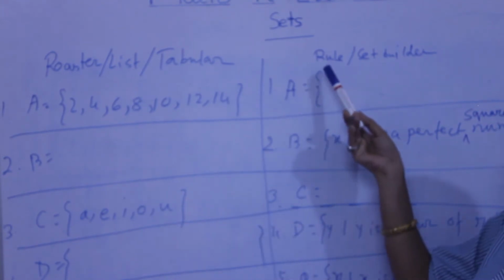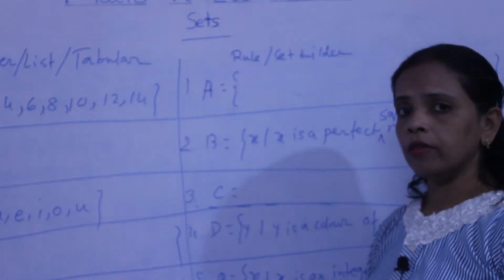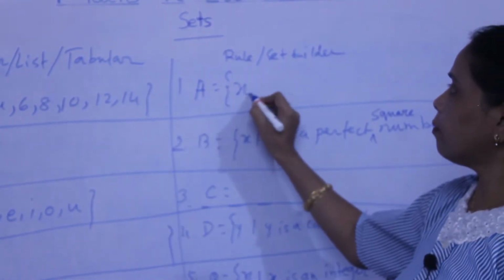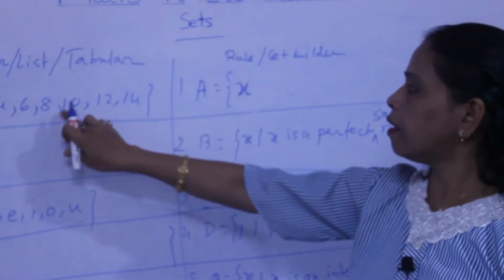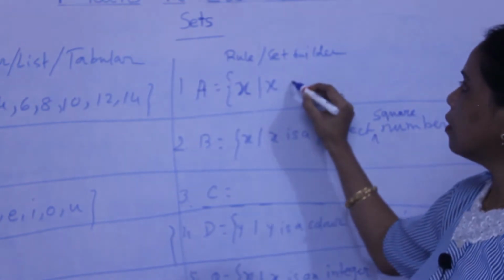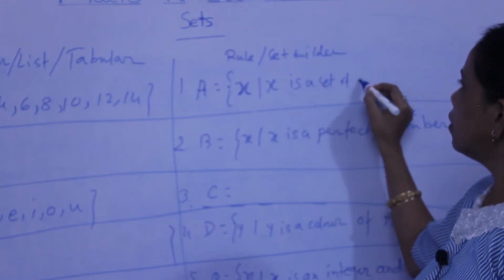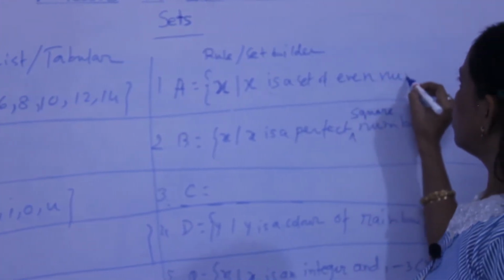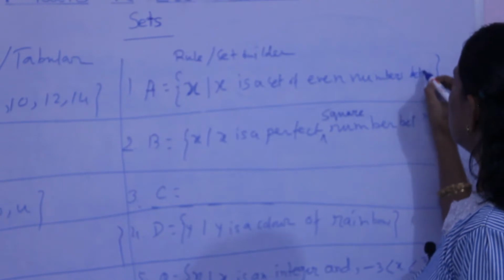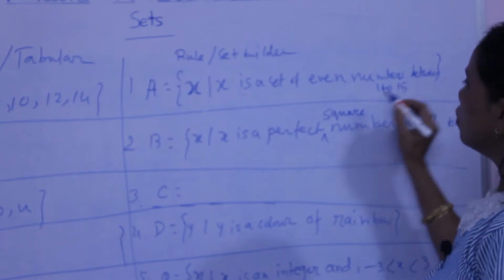Okay, so in set builder method, what to do? We have to choose a variable. Suppose this variable is x. We have to express this element in a general way. So x such that x is a set of even numbers between 1 to 15.